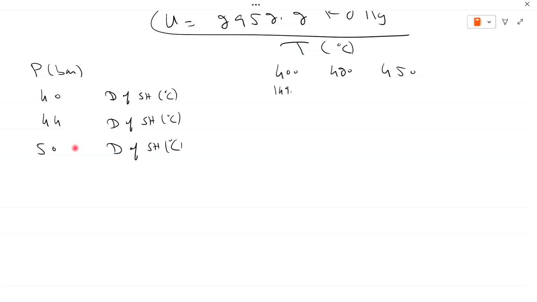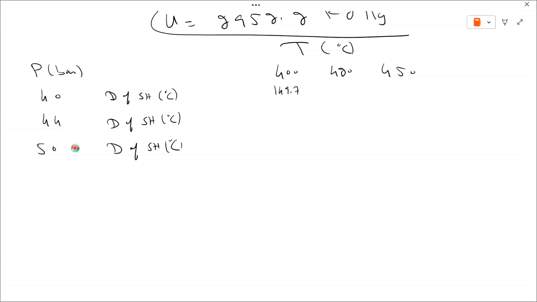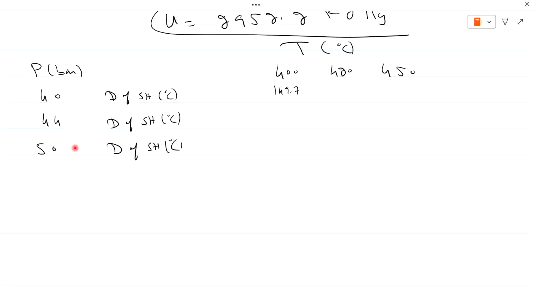Superheated temperature is 400 degrees centigrade, and we find saturation temperature at 40 bar. So 400 minus saturation temperature at 40 bar is equal to 149.7. Similarly, at 450 degrees centigrade at pressure 40 bar, degree of superheat is 199.7.